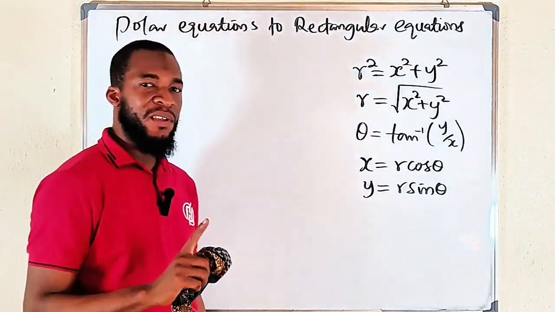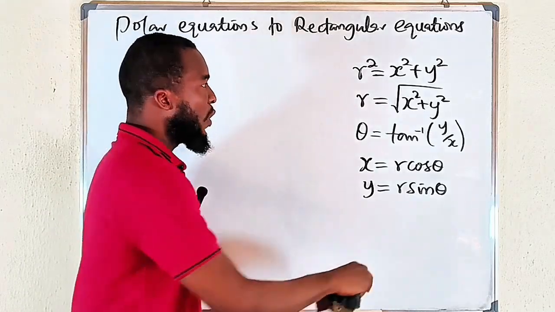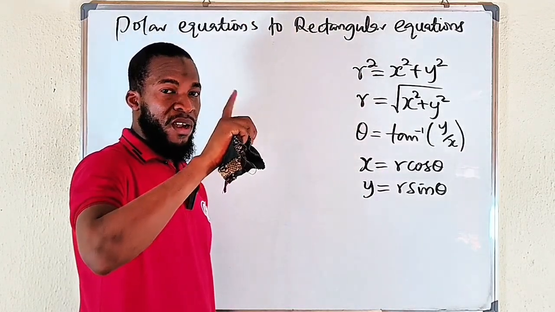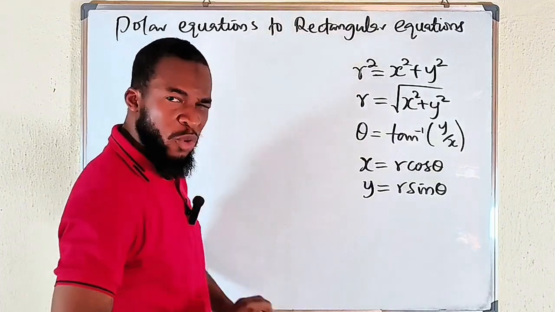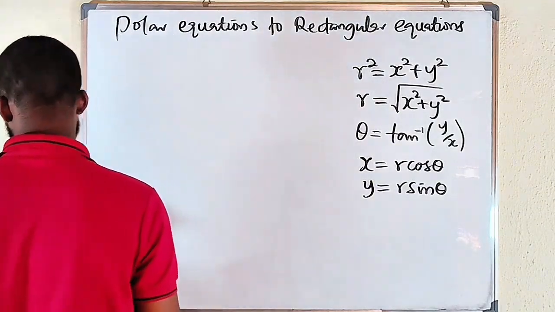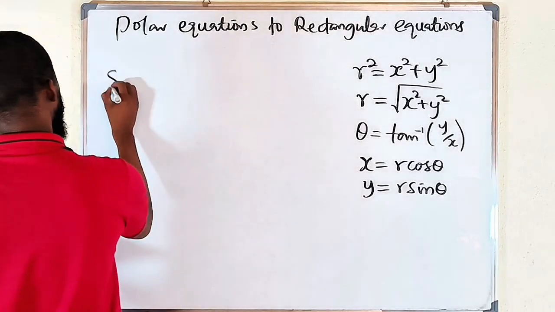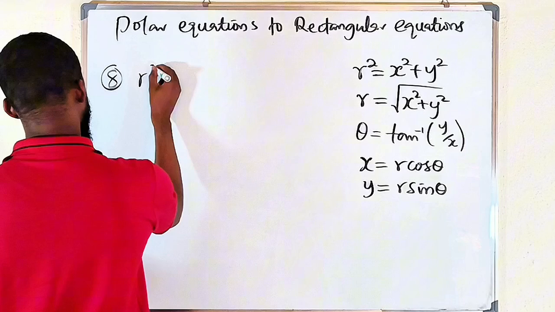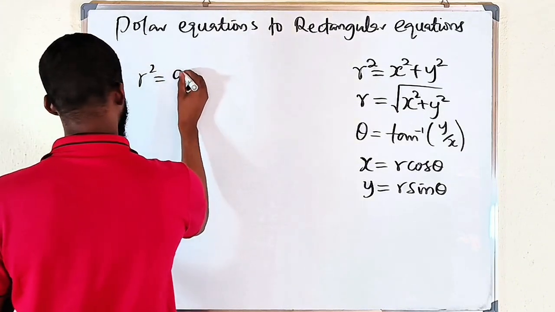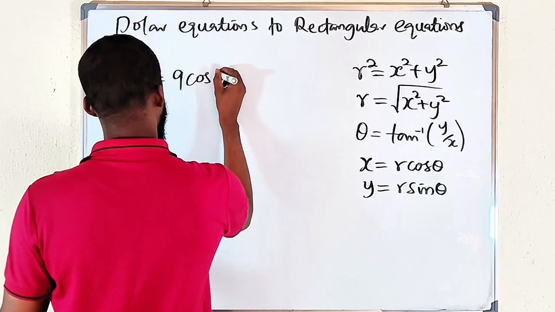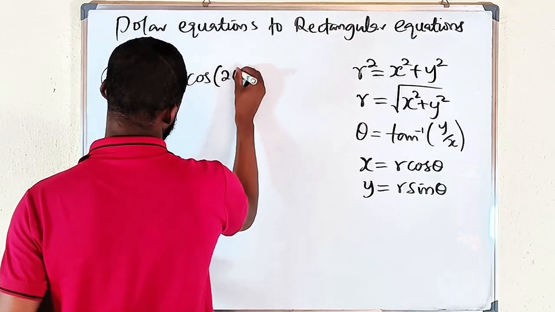Simplifying is not necessary. Once you are able to convert all the x's and y's into r and theta, or all the r and theta into x and y's, you are good to go. It's left for you to either simplify or leave it like that. So question number 8, we have r squared equal to 9 multiplied by cos of 2 theta.